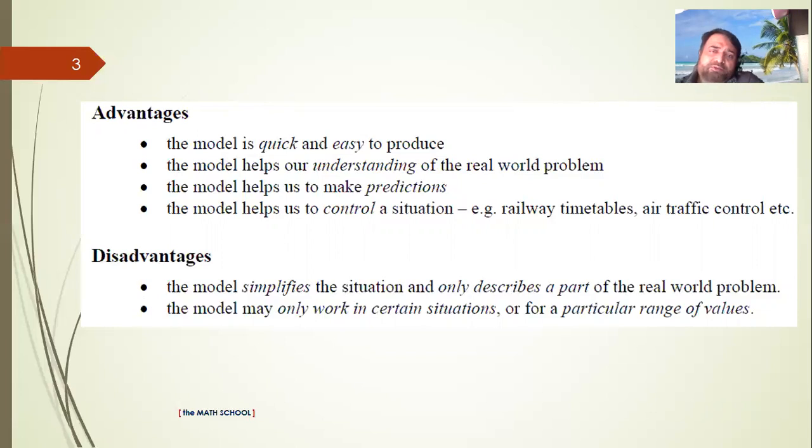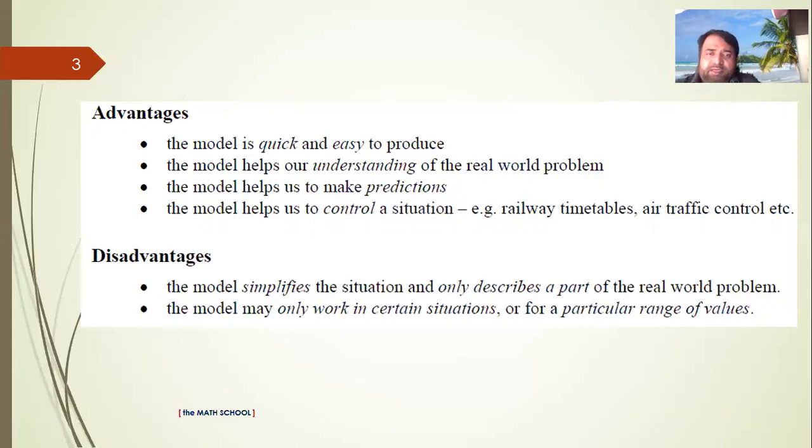A model helps us to control a situation, such as railway timetables, air traffic control, etc. That means when there is a time series analysis, or we have data of past situations at different times, then by analyzing the past records, we can set some kind of software or design the timetable of a railway or air traffic.